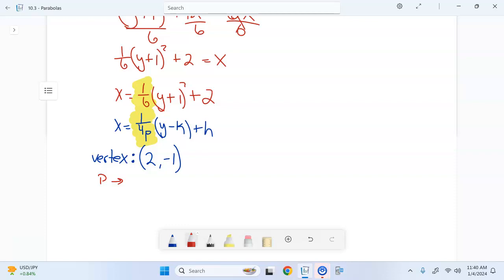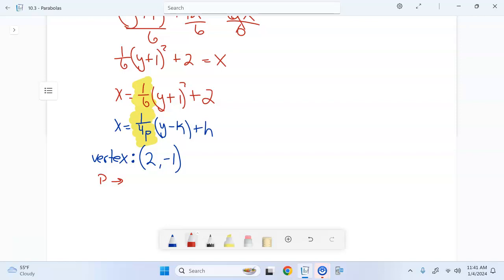That's true, but how do you figure that out? Yeah. 6 is 4p. So how do we write that out mathematically?